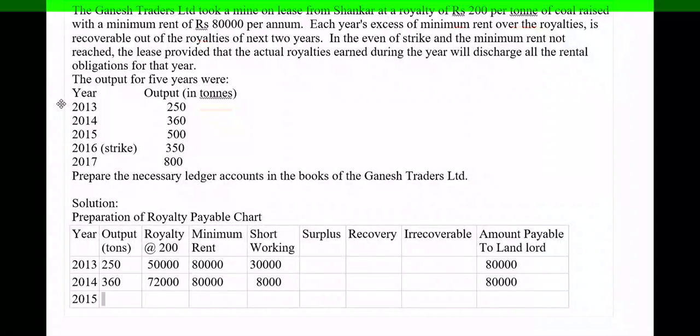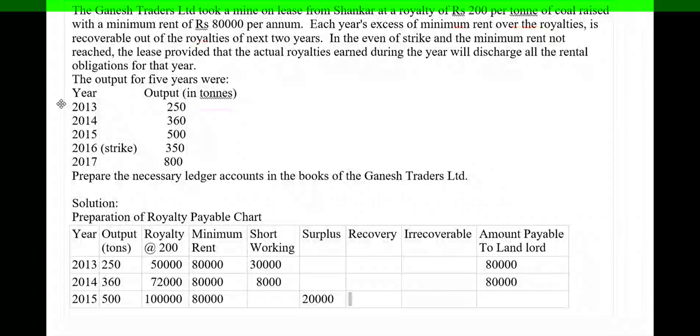Then 2015, so 500 is the output, so 500 at the rate of rupees 200 each, here it comes to 1 lakh. Then 80,000 is the minimum rent, so there is a surplus of rupees 20,000 here.